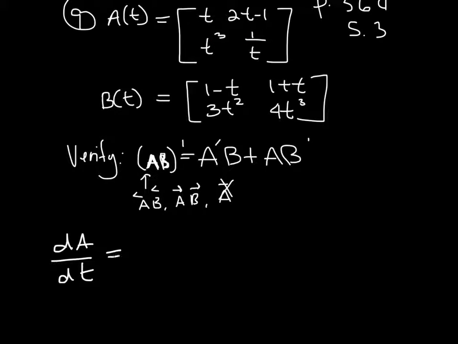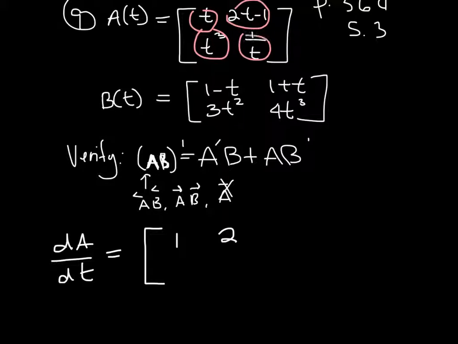The derivative of t is 1, and the derivative of 2t minus 1 is 2. I'm simply taking the derivative of each entry with respect to t.